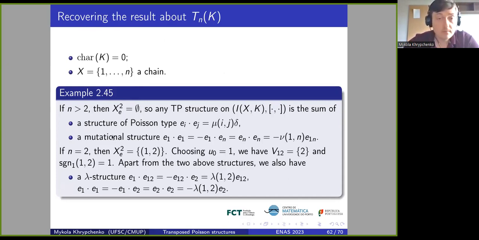In the case n equal to 2, I have only one pair, which is extreme. So choosing u0 equal to 1, we have this subset v(1,2) equal to just one element, 2. And we have the corresponding lambda structure here. One can show that these structures are just isomorphic to those structures described above in the case of upper triangular matrix algebras.